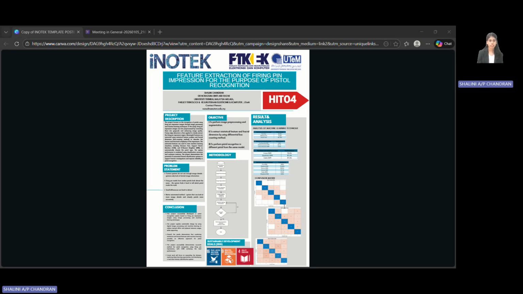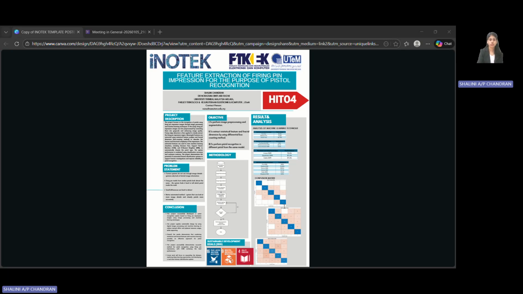For model 1, which is the fine tree, we can see most values are on the diagonal, which is good. The fine tree model can classify most firing pin images correctly. However, because the pistols are very similar, some images are confused with other pistols.